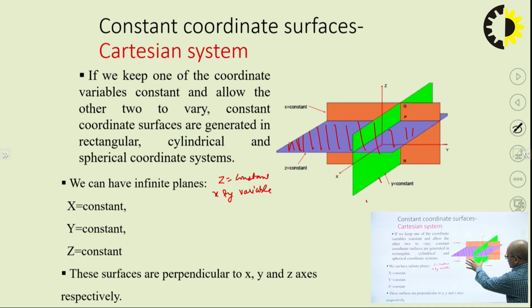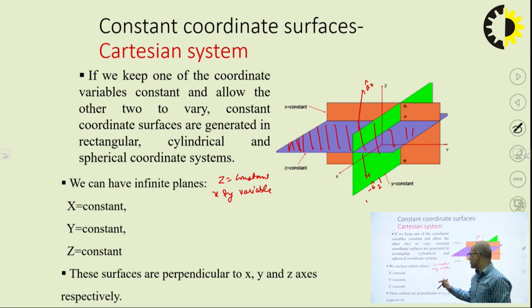The surface area will be x multiplied by y, and the direction unit vector will be in the plus a cap or minus a cap direction, but that depends on whether it encloses the volume, and the direction unit vector should be outside the volume, not inside the volume.